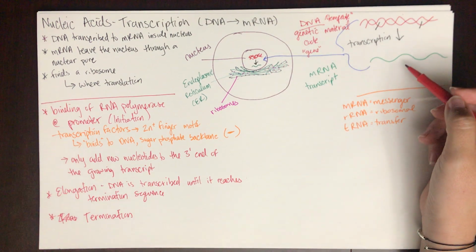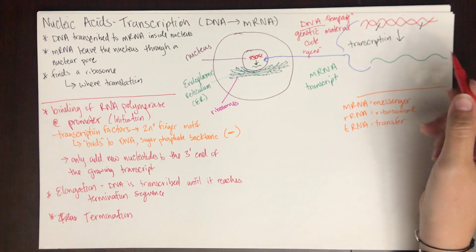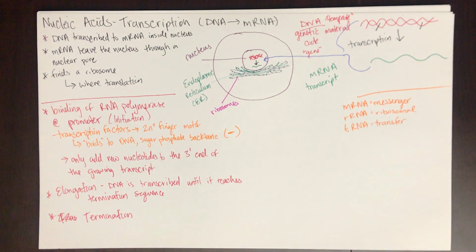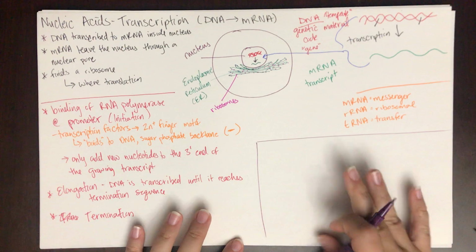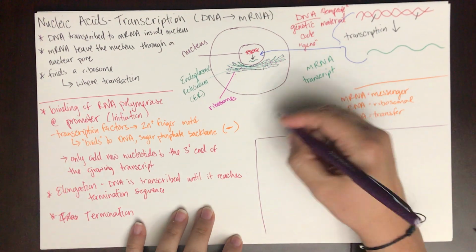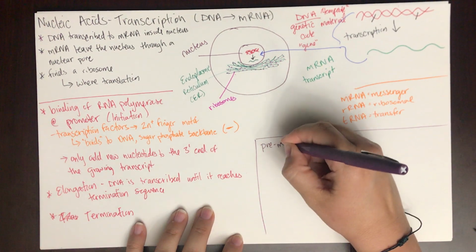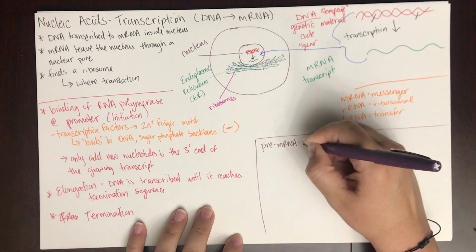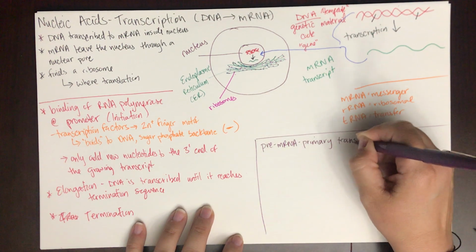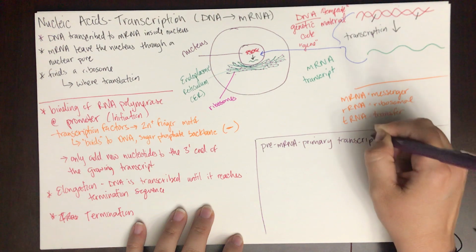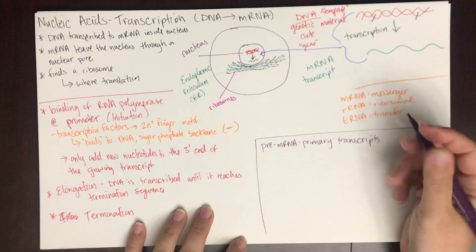So sometimes after transcription, in eukaryotic cells, these primary transcripts can also be called pre-messenger RNA. I'm going to write pre-mRNA or primary transcripts, which are capped and methylated.